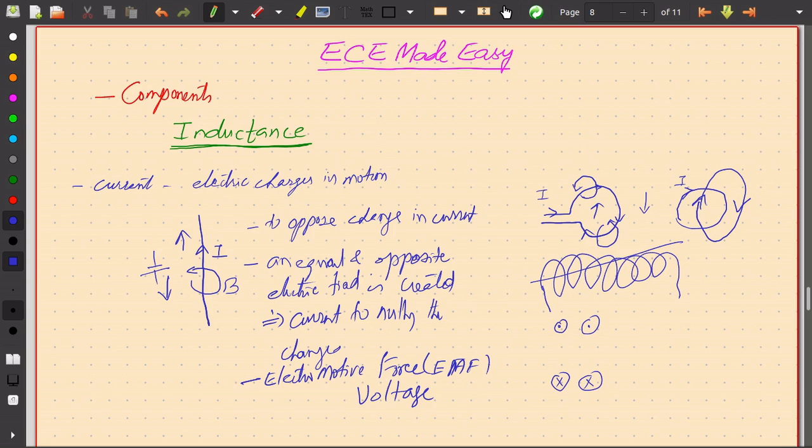If you look at that, the magnetic field produced would be in the counterclockwise direction here, and the magnetic field produced here, where the current is moving away from us, is in the clockwise direction.